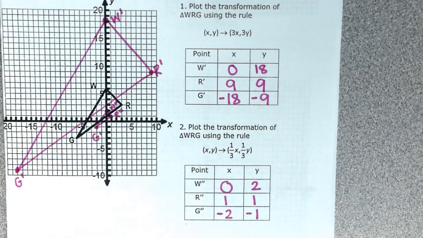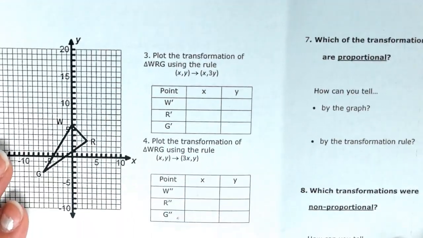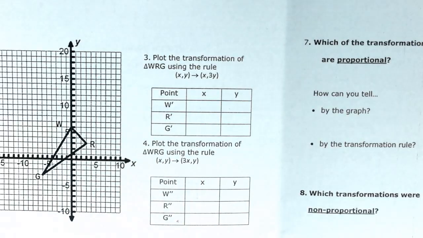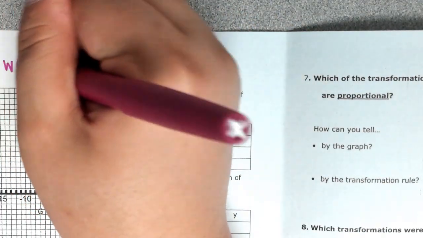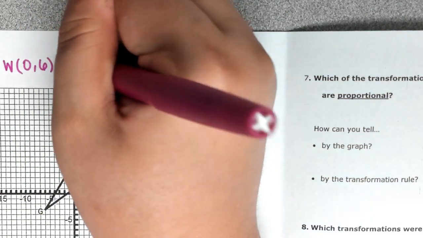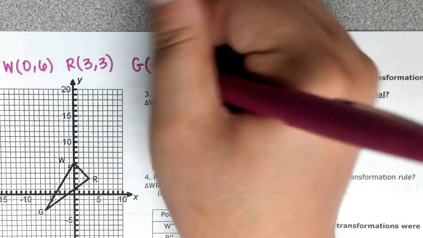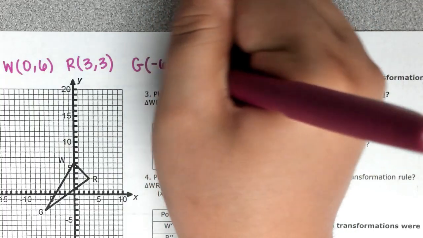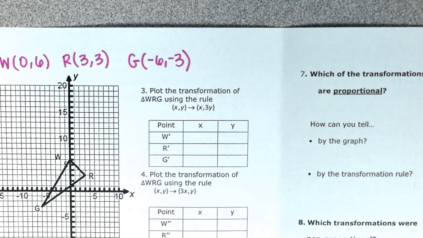Today we're going to talk about what if I do something crazy. Open up your notes. And what if I only multiply the x or the y? So what I'm going to do up top real quick, I'm going to rewrite these points. And what I want you to do is I want you to do 3 through 5.